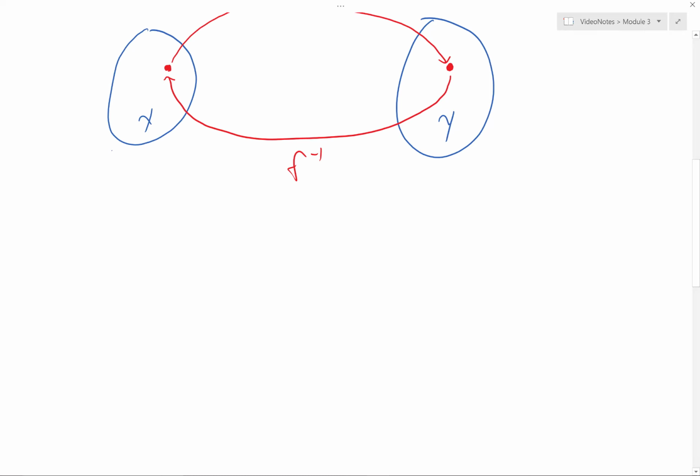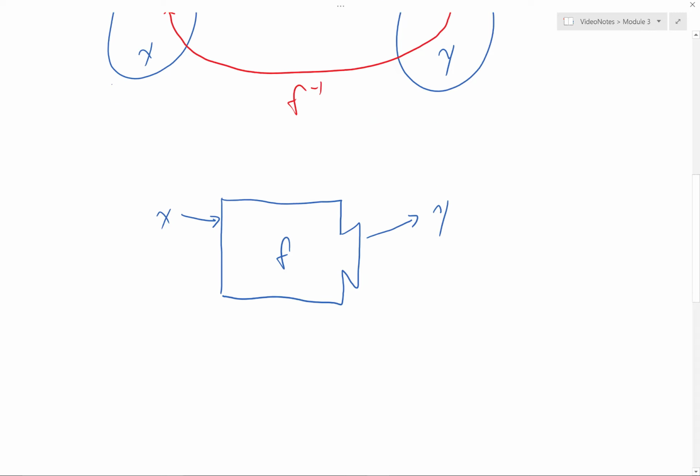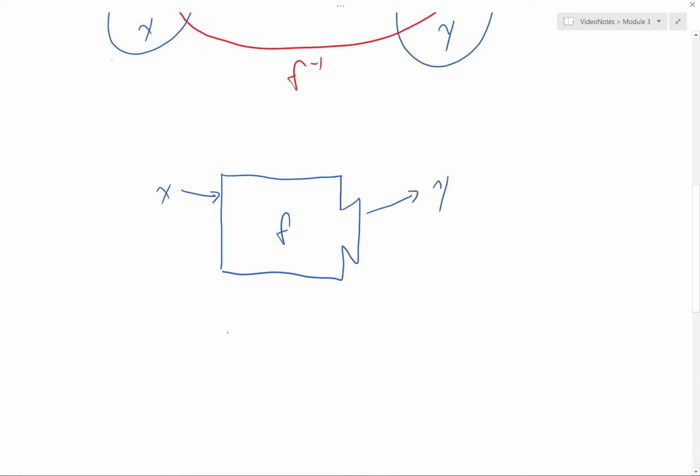Here's one more way we might think about this. Let's think about f as some kind of function machine. We know f takes an input x, so if we give an input of x to the function f, it's going to output a value of y. Similarly, we can imagine f inverse. f inverse takes a value of y as its input, so we input y into f inverse, and it outputs a value of x.